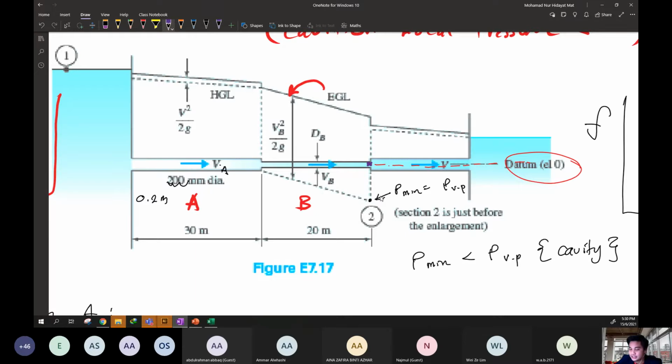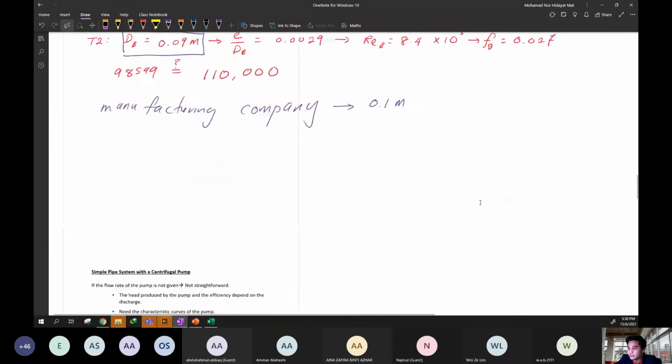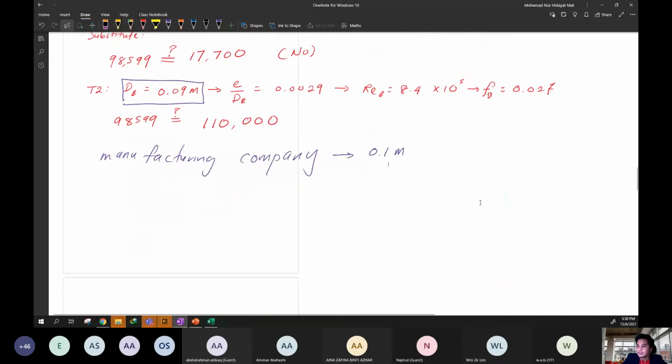So if your selection is less than 0.09 meter, that means the cavitation will occur. So you must select a pipe diameter more than 0.09 meter in order to avoid cavitation. The increase in the pipe diameter will increase the pressure. You can see here the pressure increase. So in this case, in order to avoid the cavitation, this is the critical value 0.09.